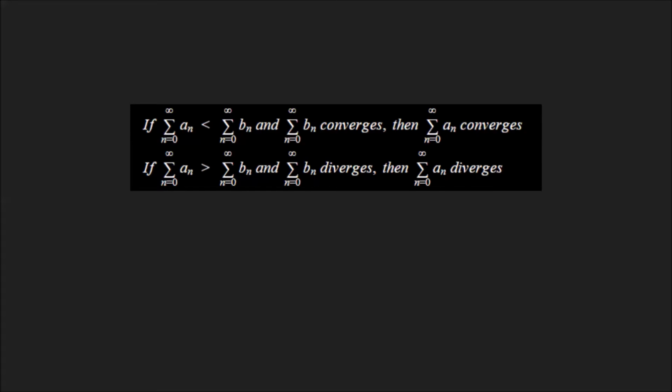And less than a convergent converges states that if a sub n is less than b sub n, and the series of b sub n converges, then the series of a sub n converges as well. So remember that greater than a divergent diverges, less than a convergent converges.